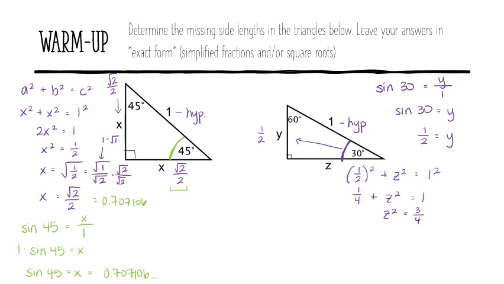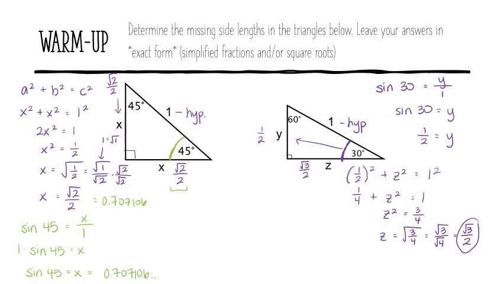So if we take the square root of both sides, similar to before, we take the square root of both the top and the bottom. And fortunately, this time we don't have to rationalize because the square root of 4 just simplifies down to 2. So the square root of 3 over 2 is my answer for z.